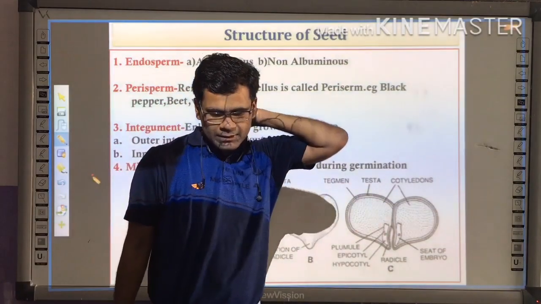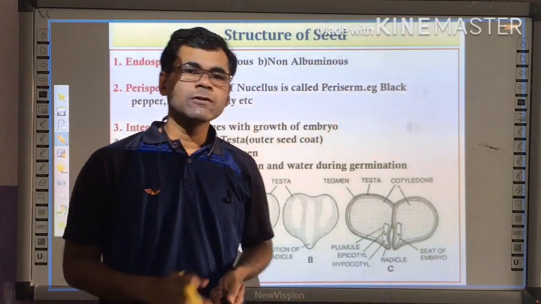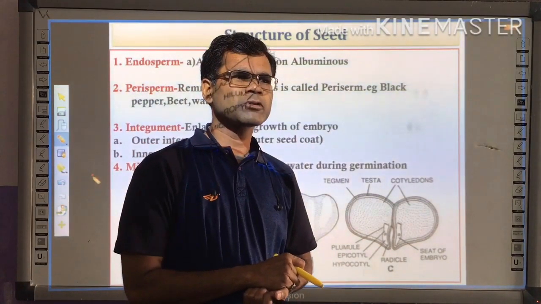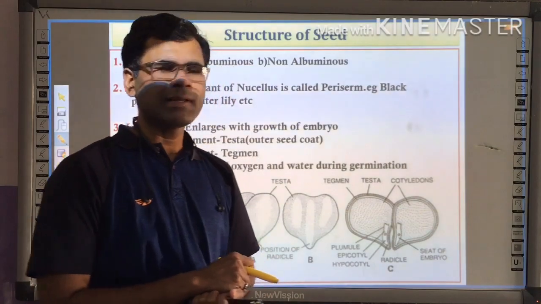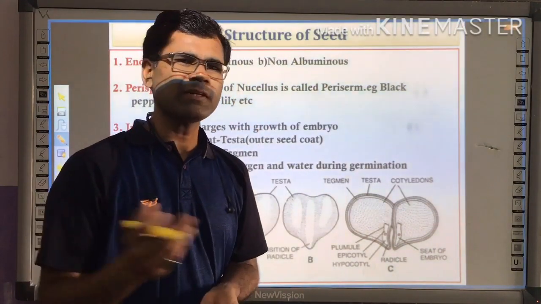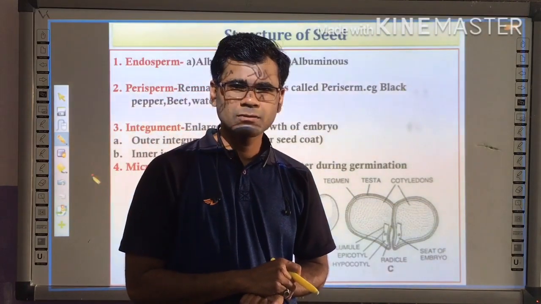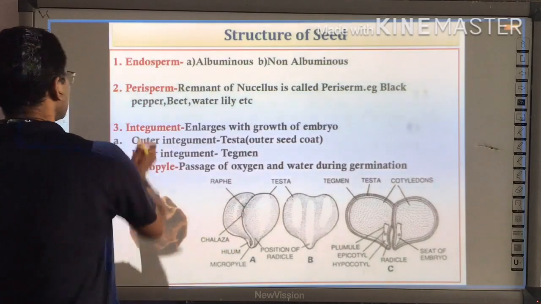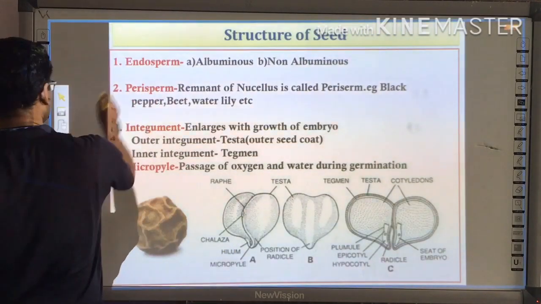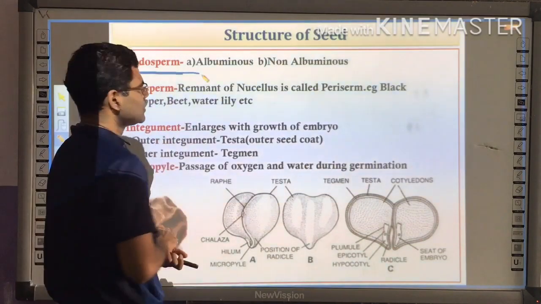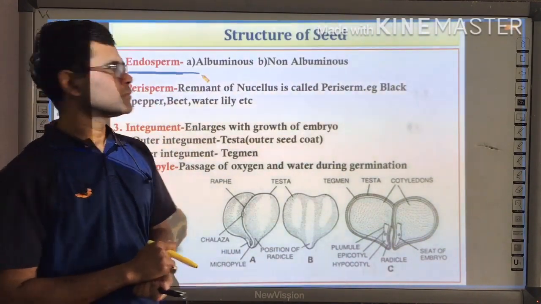Well, again, there are a few special structures which are present in the seed, and I would like to highlight all these structures because many times in many examinations it has been asked in different ways. So let us discuss one by one. The first important structure is the endosperm, and regarding this endosperm we have studied also. What is it?